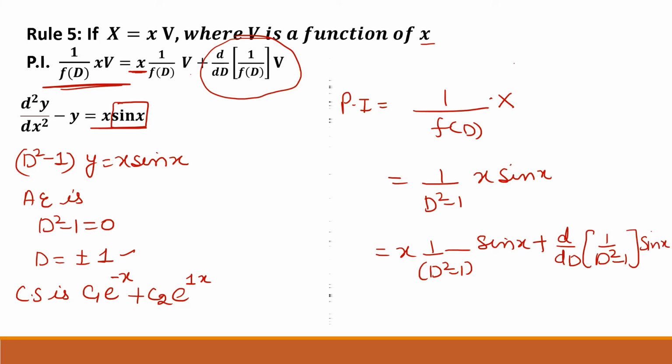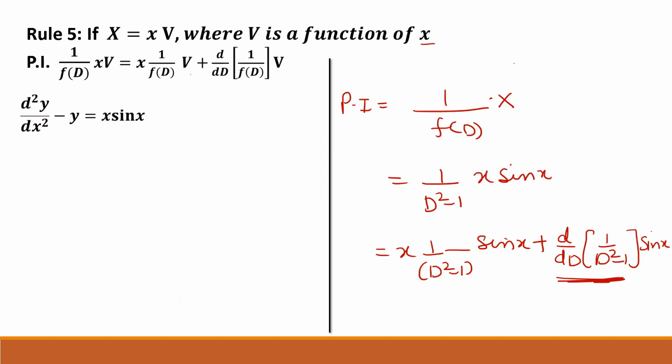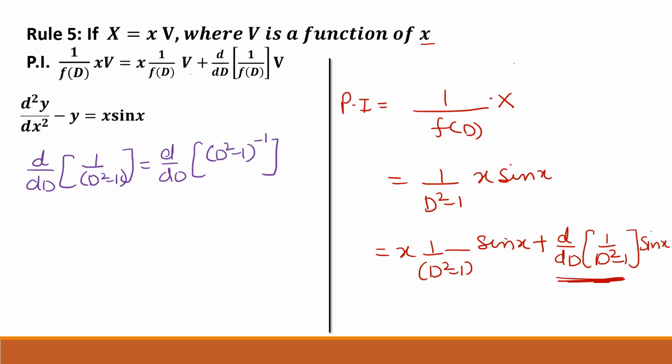Fine. Now we need to find this thing first. So let's see how to find this. The derivative of 1 over D square minus 1 is actually the derivative of what? Can I write this thing as (D square minus 1) raised to power minus 1? Now differentiate this.